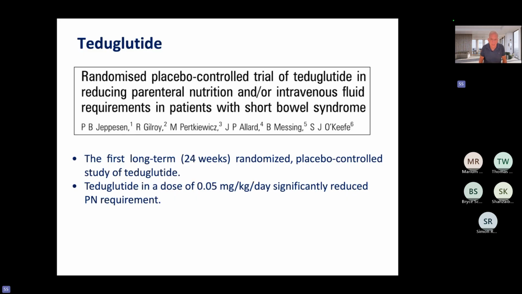In this randomized placebo-controlled trial of teduglutide, or GLP-2, this was studied to see whether it could reduce parenteral nutrition or IV fluid requirements in patients with short bowel. It was the first long-term randomized placebo-controlled trial of teduglutide, and the drug given in a dose of 0.05 milligrams per kilogram per day significantly reduced TPN requirements.